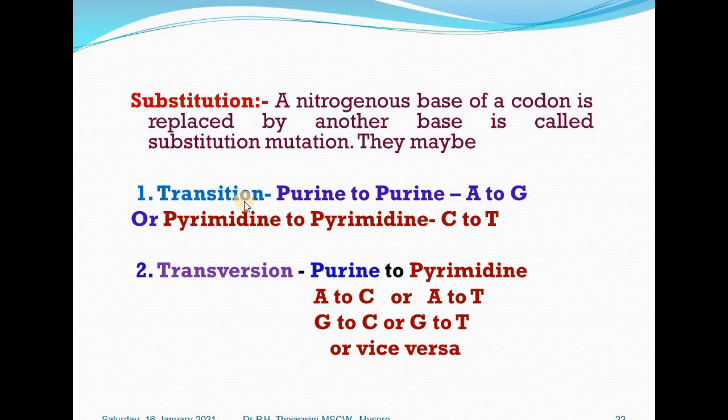In total, in transition, a purine by a purine, a pyrimidine by a pyrimidine. In case of transversion, a purine nucleotide will be replaced by a pyrimidine, or a pyrimidine nucleotide will be replaced by a purine. In such a case, we call it transversion.